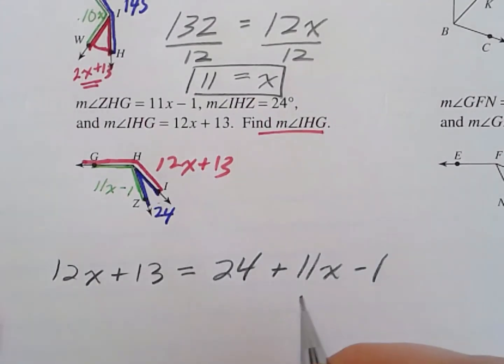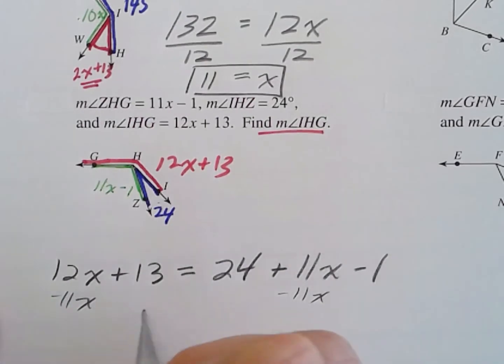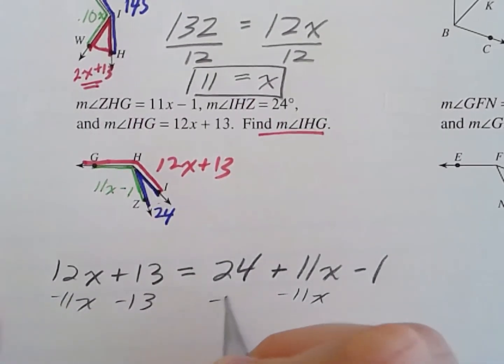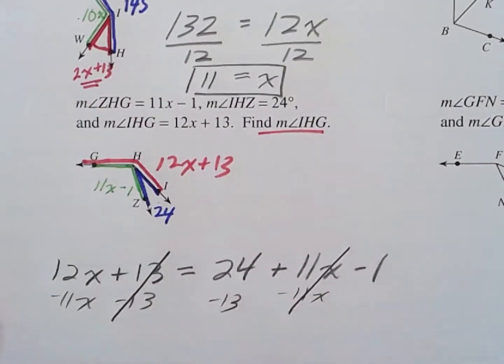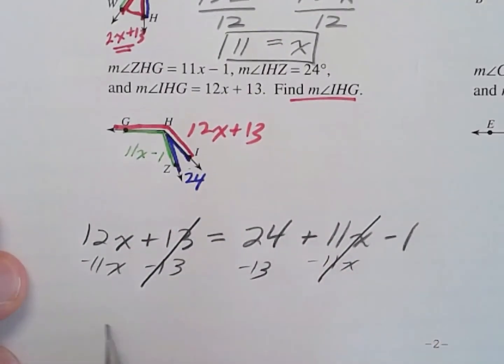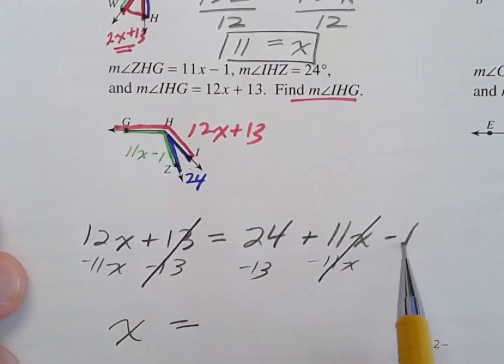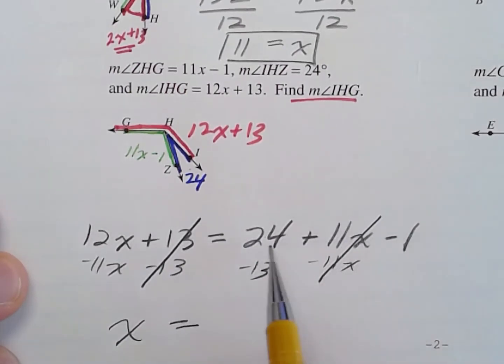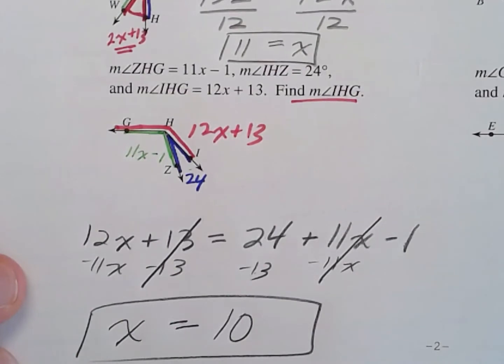Okay, and so I can subtract 11x, and I can subtract 13. So these go away, these go away. 12x minus 11x just leaves me with x on this side, and 24 minus 1 is 23, minus 13 is 10, and there's my answer.